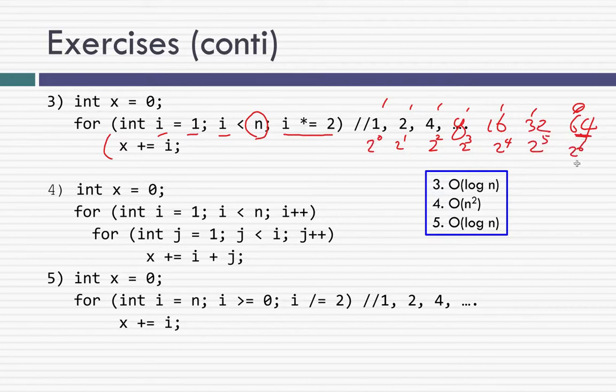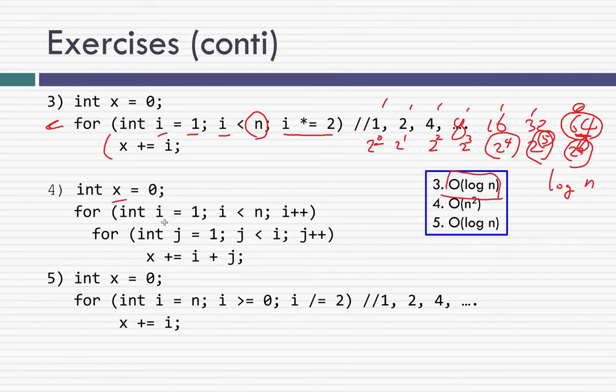As we go up to 64 data, the number of operations we need is about 6 plus 1. If we have this many data, we need 5 plus 1 iterations, and this many data, 4 plus 1. So what's the relationship between this number and the exponent? That's a log n relationship. So question 3 is big O of log n.